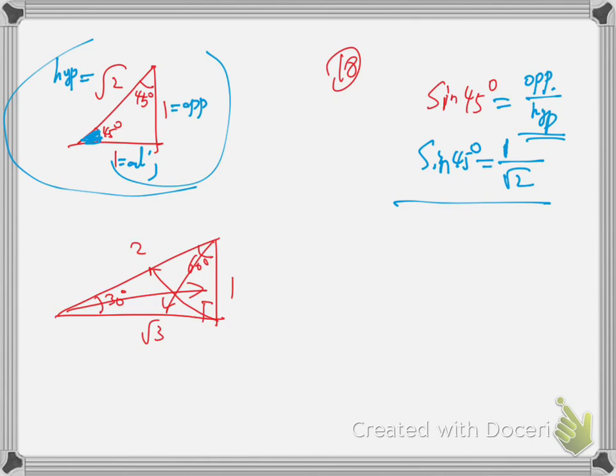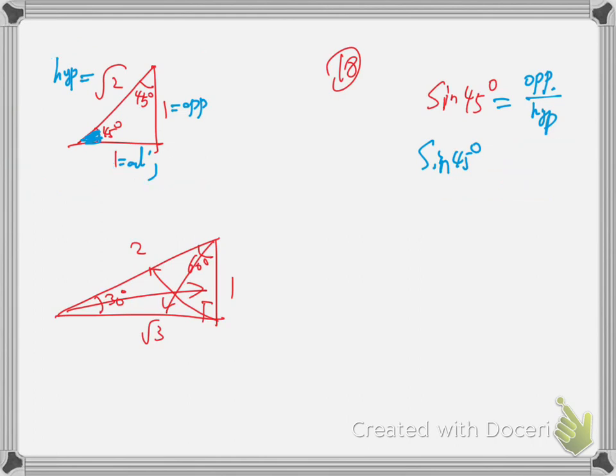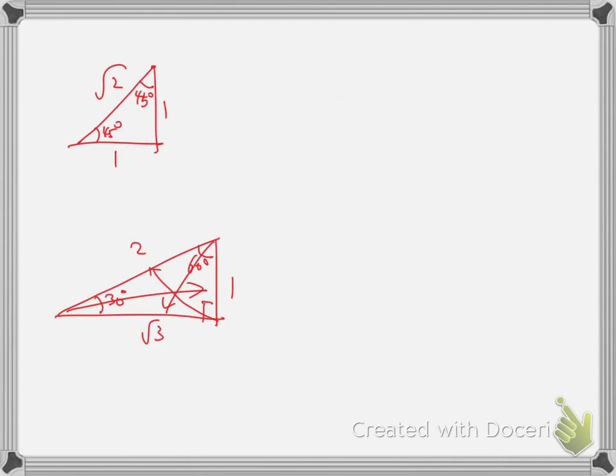Now the next question, we got more angles. Number 19, we got cosine 45 plus sine 30, and then minus cosecant 45. So now let's write down the 6 trig definitions.